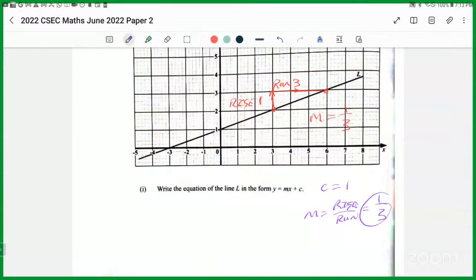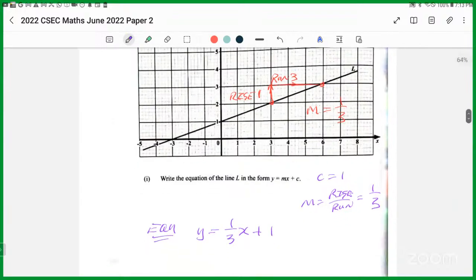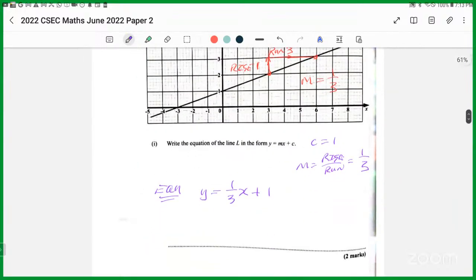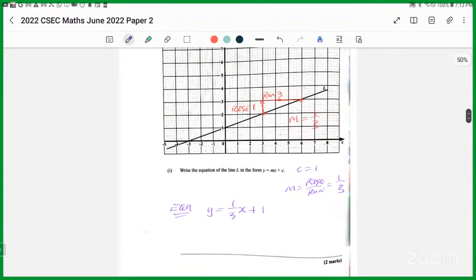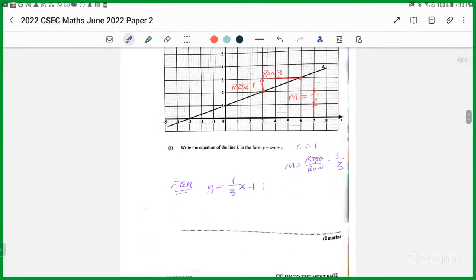So you take this, I put it here, and take the 1 and I put it there. All right, so easy enough. The equation is y equals a third x plus 1. Nice and easy.